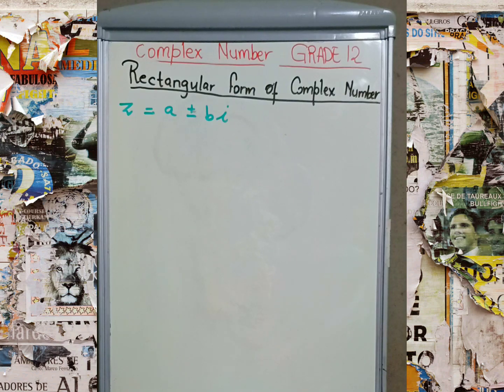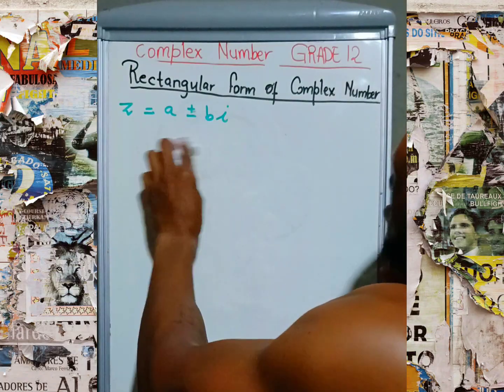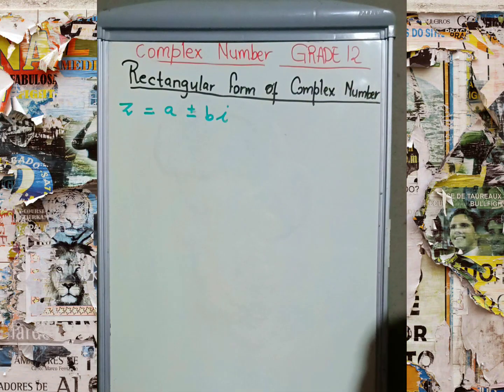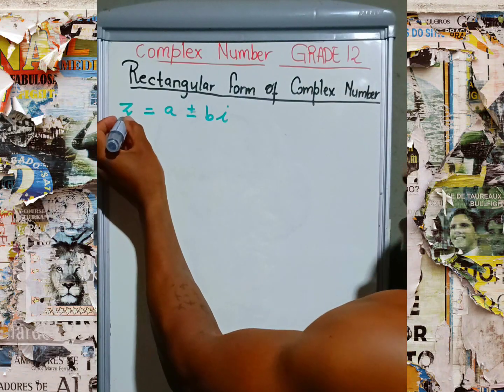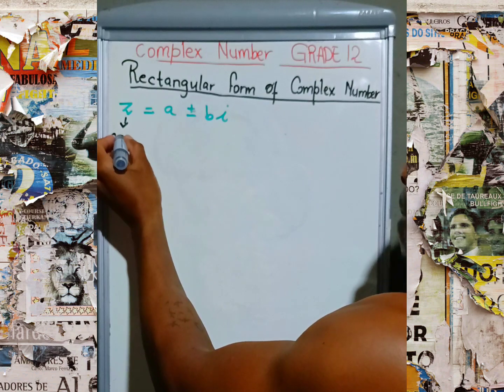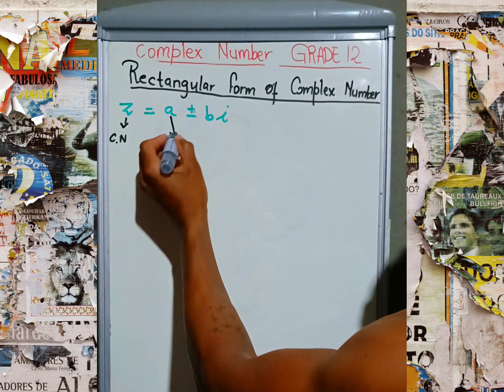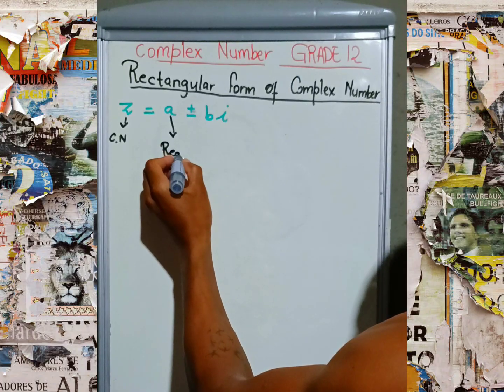It's very important to take note that z indicates the complex number. Therefore a indicates the real part.